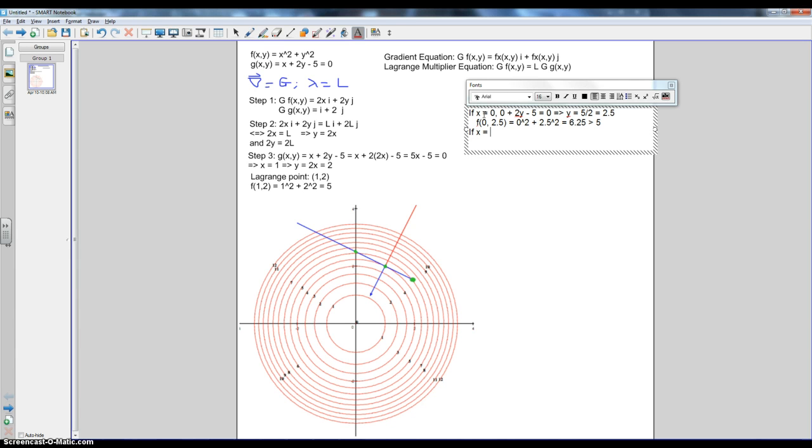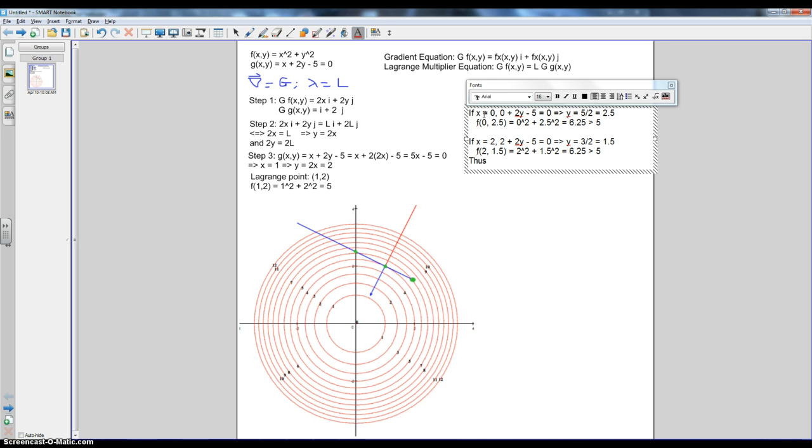If x equals 2, then 2 plus 2y minus 5 equals 0, so y equals 3 over 2 equals 1.5, and f(2, 1.5) equals 2 squared plus 1.5 squared, again 6.25, larger than 5.